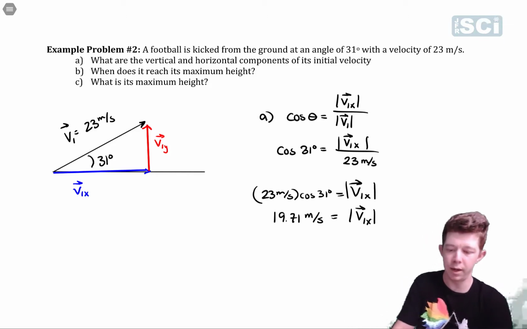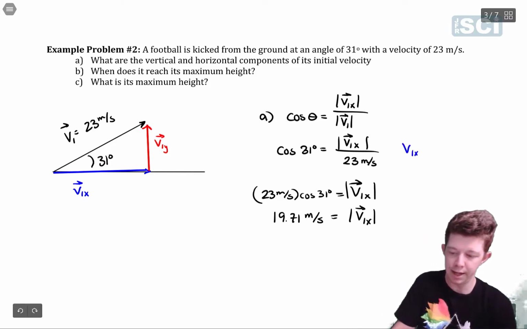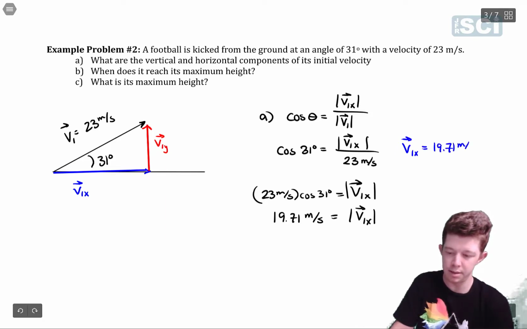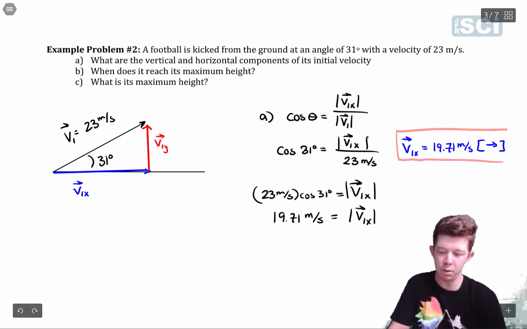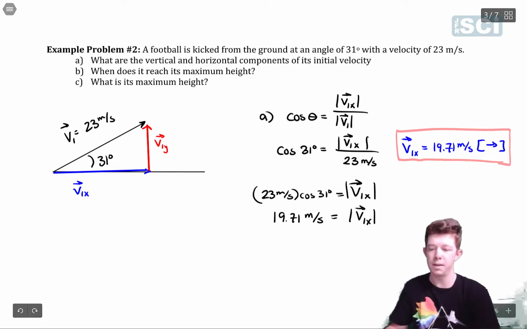We can go ahead and write that as v1x is 19.71 meters a second, and based off of our picture here, it's towards the right. That would be the x component of the initial velocity.